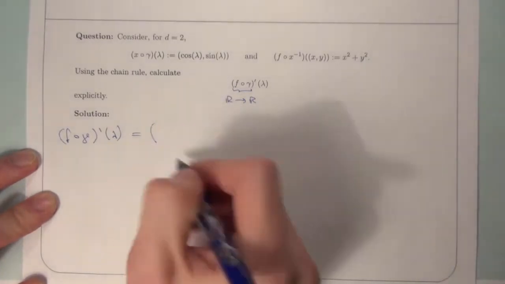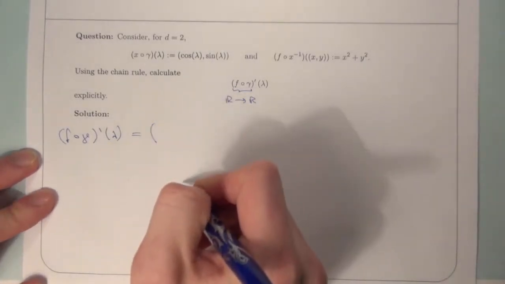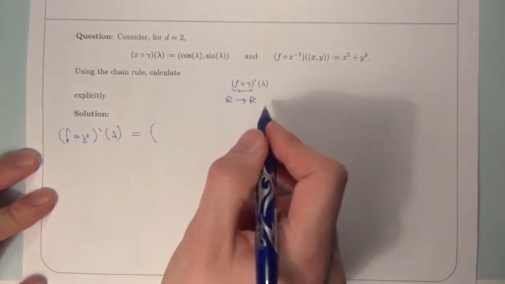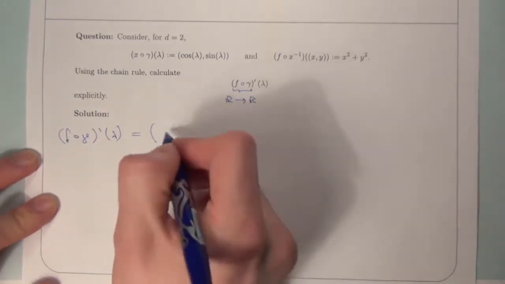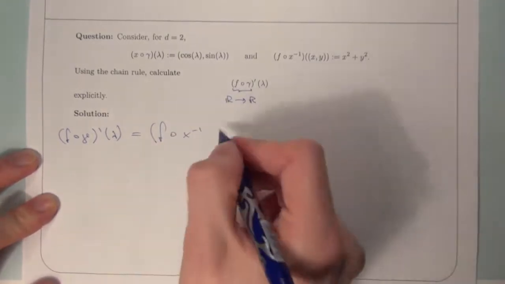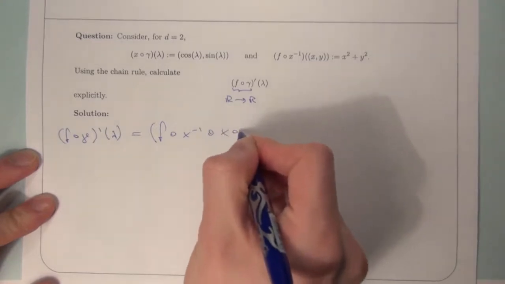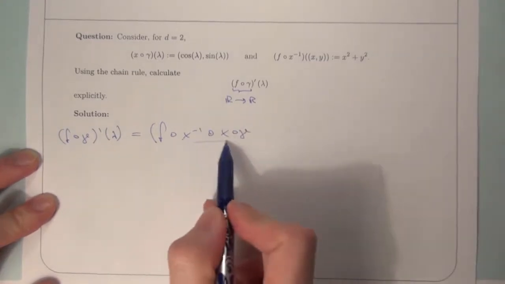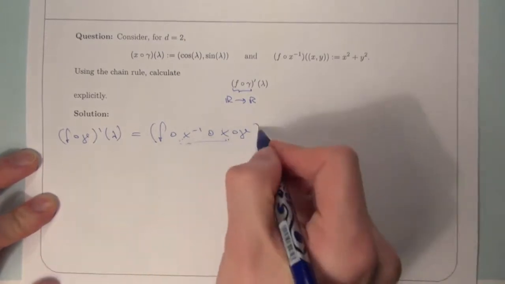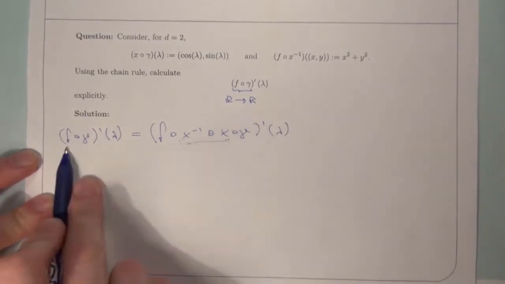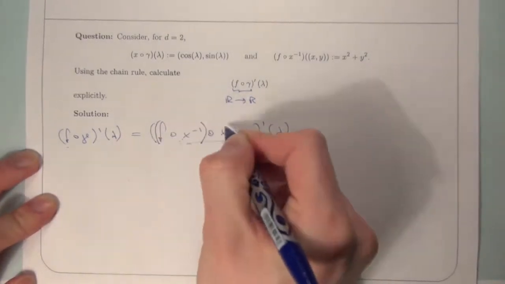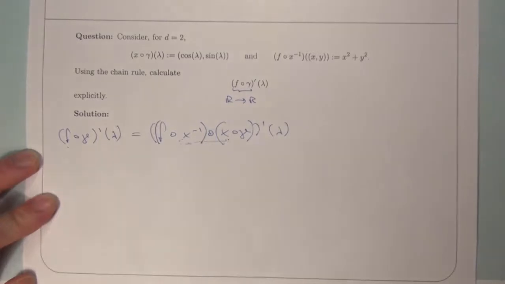So we go down in the chart by the chart representative of gamma and up to R again with the chart representative of f. Therefore f after x inverse after x after gamma. And you see this is the identity, therefore that's of course the same as this side. And since the composition of maps is associative, we can set brackets here.